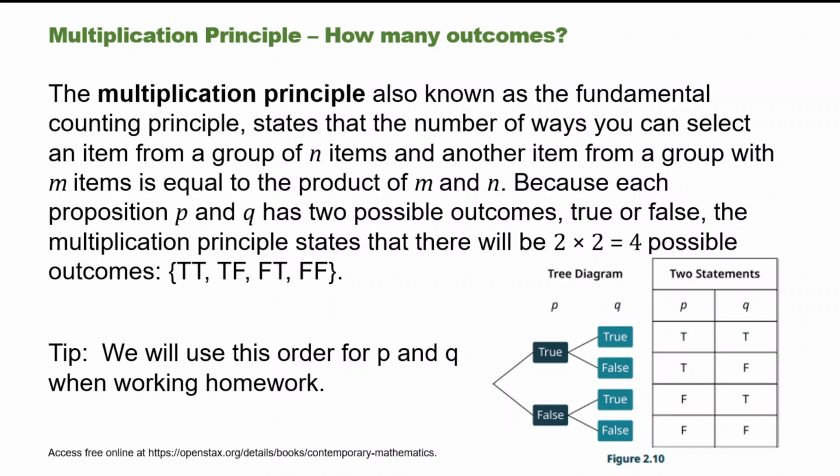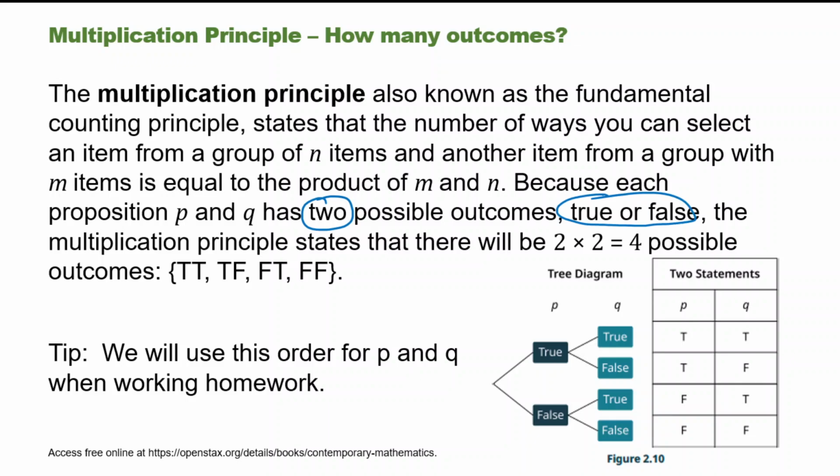So we look at each step of the process, selecting from a group of n items, selecting from a group of m items, and we multiply those two. Because each proposition P and Q has two possible outcomes, true or false, the multiplication principle states that there will be 2 times 2, which is 4, possible outcomes.